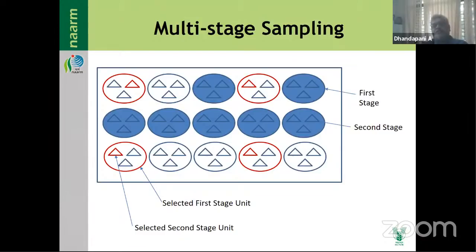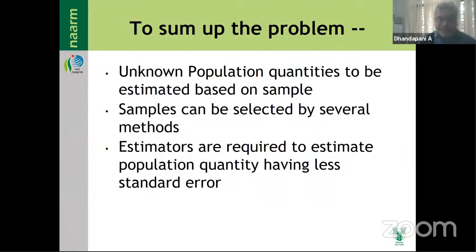Maybe the third stage could be the member of the household, because I just wanted to ask for an individual opinion. So I may select only one. In that case, only two stages are there. So you have to be clear about the different stages.